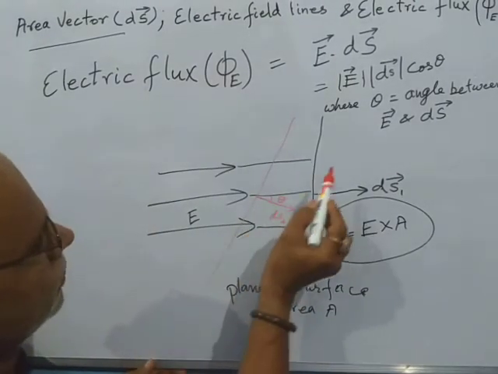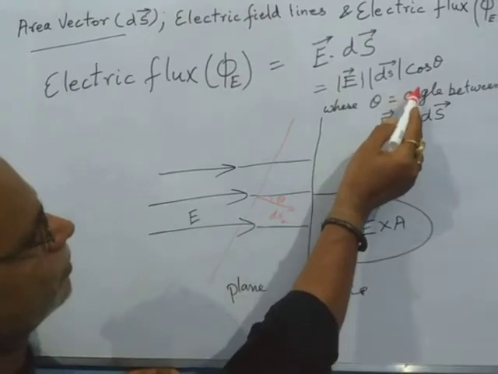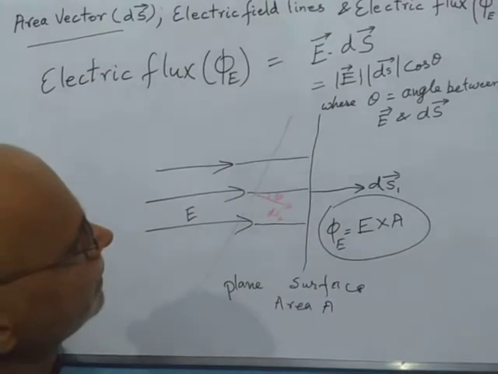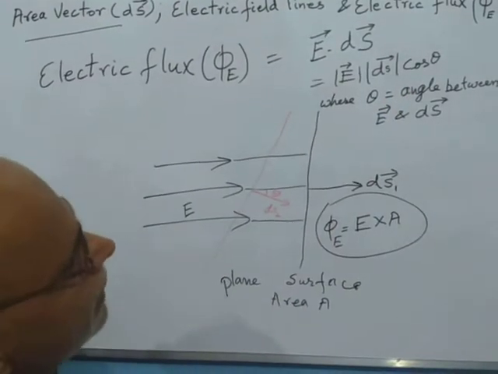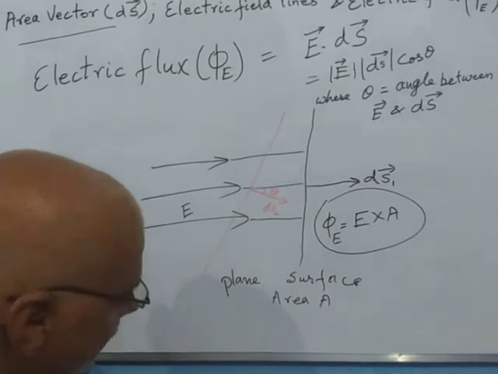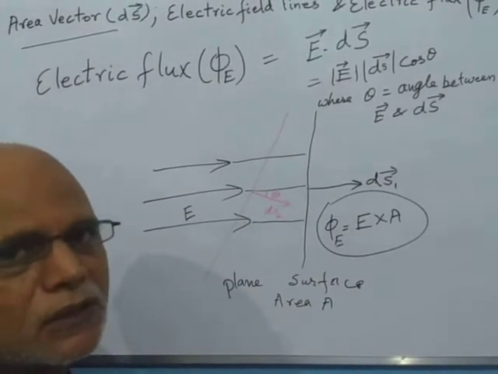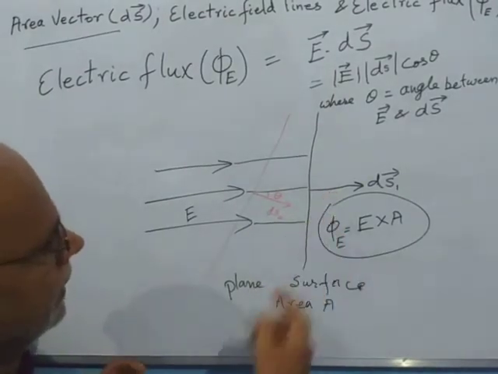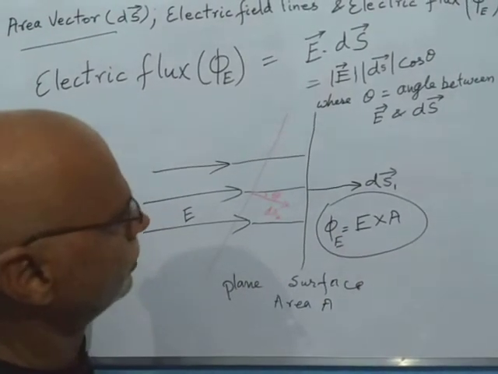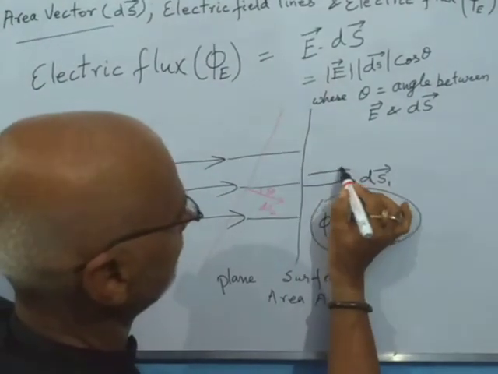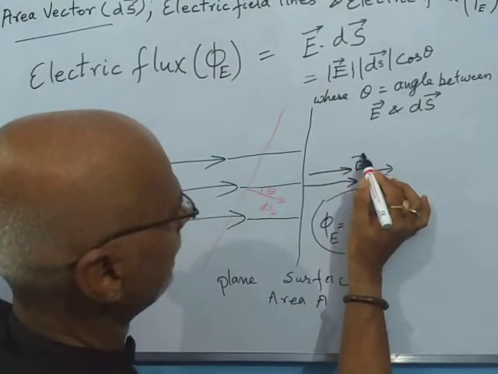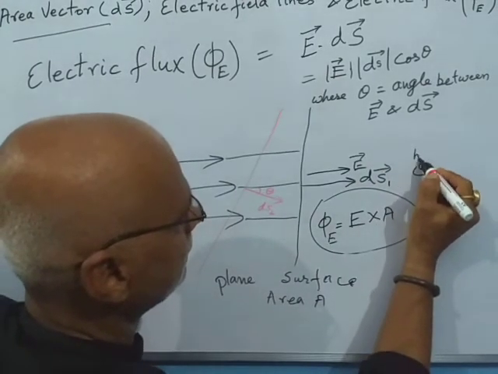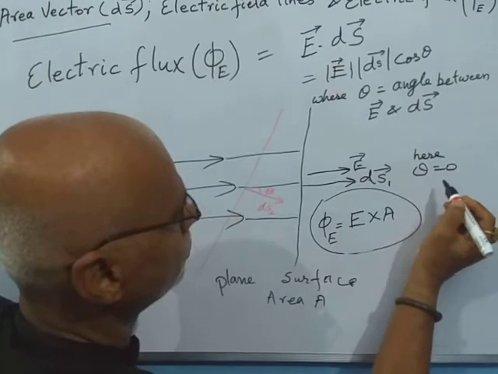In this case a cos factor is introduced, and the E dot dS product into the cos factor is always less than 1 except for one case, that is cos 0 degree. In the first case theta is equal to 0, because the electric field and area vector are both along the same direction.